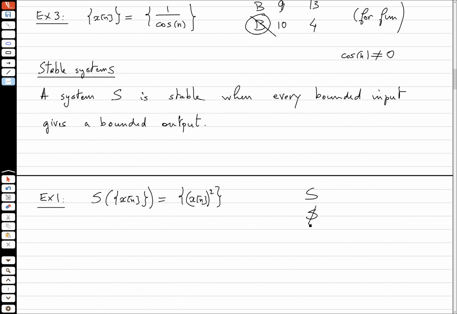All right, so again, a system is going to be stable or not stable. There's not going to be anything in between. It's going to be yes or no. The statement doesn't say anything else, that's the answer.